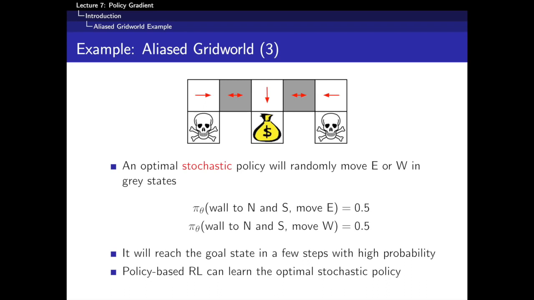The moment you have state aliasing, so you're in a partially observed Markov decision process, or if you're function approximated, the features that you use limit your view of this world, which is equivalent to being in a partially observed MDP, then it can be optimal to use a stochastic policy, in which case policy search methods can do better than these value-based methods which just act greedily.